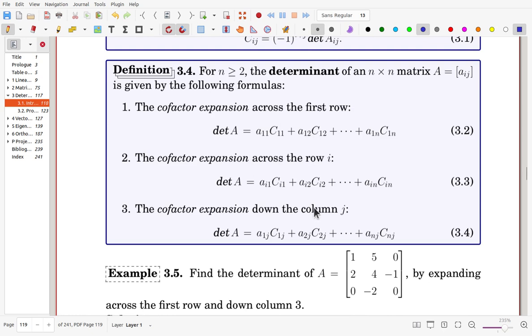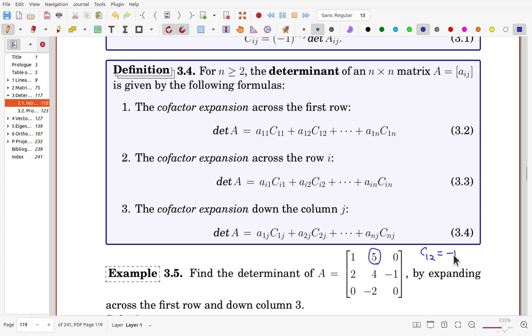So pictorially, for example, this is a 3 by 3 matrix. Rather than general C_ij, let's consider this position, which is the 1, 2 position, C_1,2.